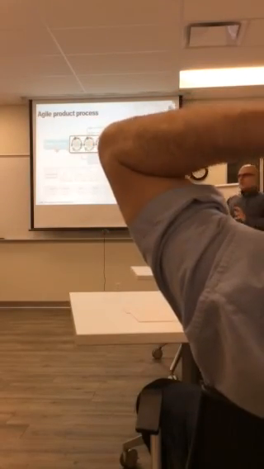So the point I want to make here is Agile focuses on part of the process. And when we talk about the fact that there are a lot of hybrid situations, there's an Agile process, there's a waterfall process, but really, if you look at reality, these things are blended together.